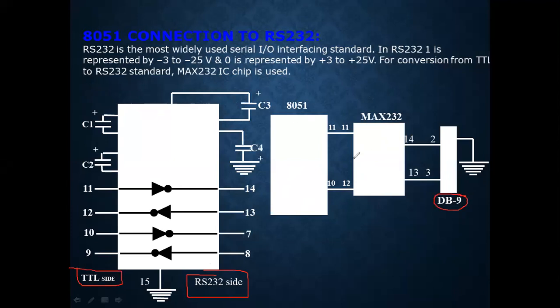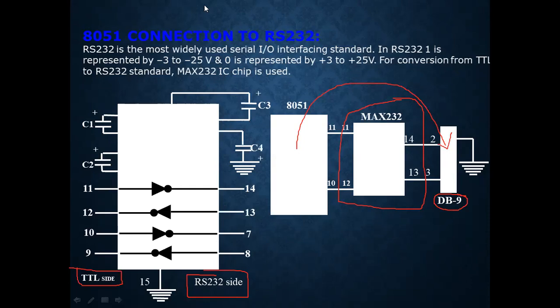You can see the connections 11 to 11 and 10 to 12 have been made with the microcontroller. And MAX 232 is the interfacing IC without which we cannot communicate between this 8051 and this RS-232 port.